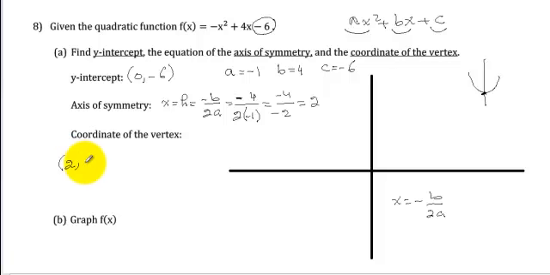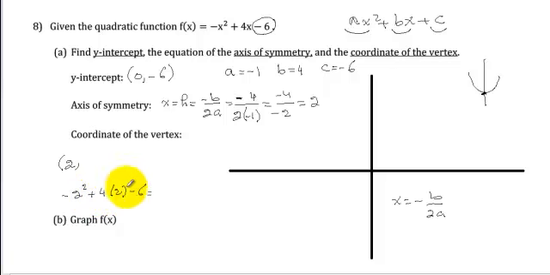And then we can find y. To find y, just replace x by 2 in the main function. Then you can get f of 2, which is the y value for the vertex. So if we replace it, we have minus 2 squared plus 4 times 2 minus 6.